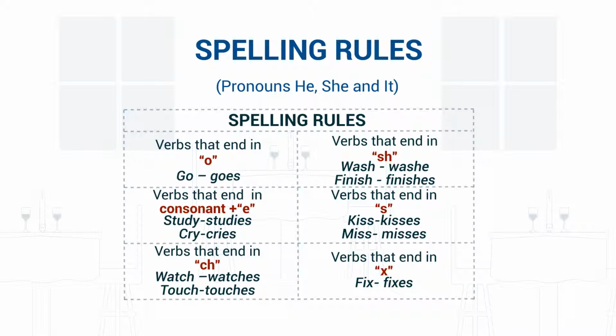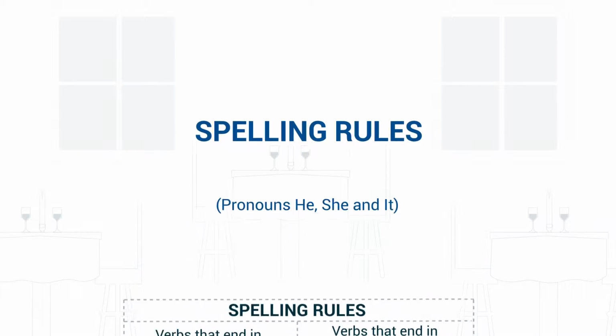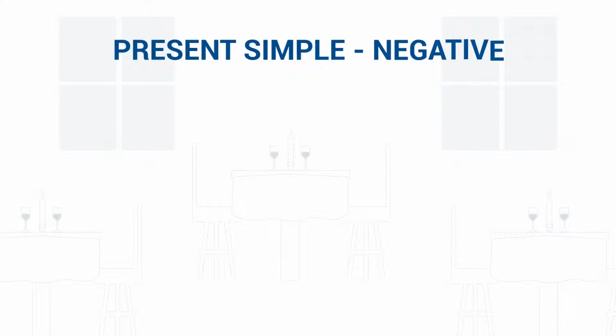Verbs that end in S: kiss and kisses, miss and misses. Verbs that end in CH: watch and watches, touch and touches. Verbs that end in X: fix and fixes.